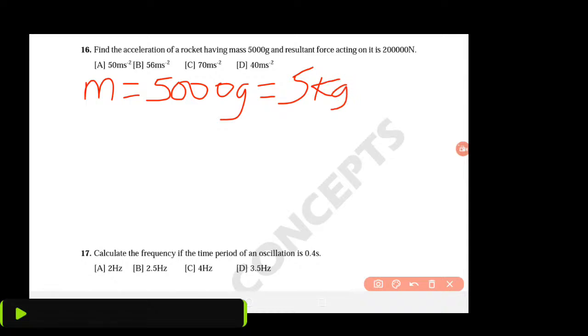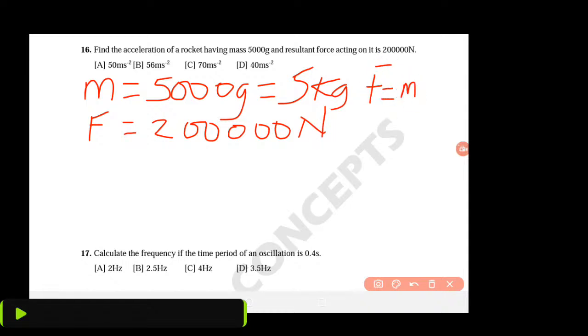Now we have to find the acceleration of the rocket having this mass and a resultant force equal to 200,000 Newton. Remember the resultant force F is always equal to ma. So to find the acceleration, you make the acceleration subject of the formula.